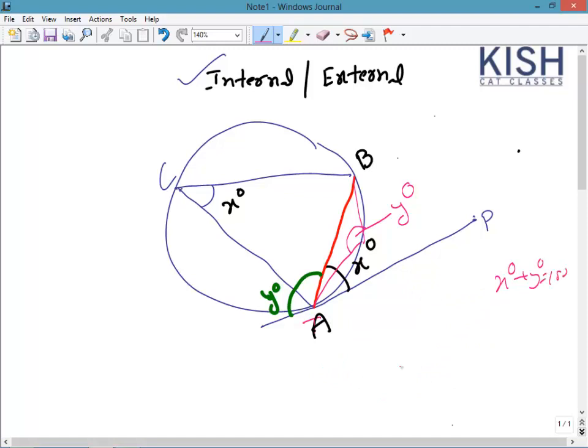Now observe this one. This is x degrees. This is y degrees. If I arrange this, look at this one. People generally call it a cyclic quadrilateral, because all the vertices are lying on the circumference. x plus y is equal to 180 degrees.